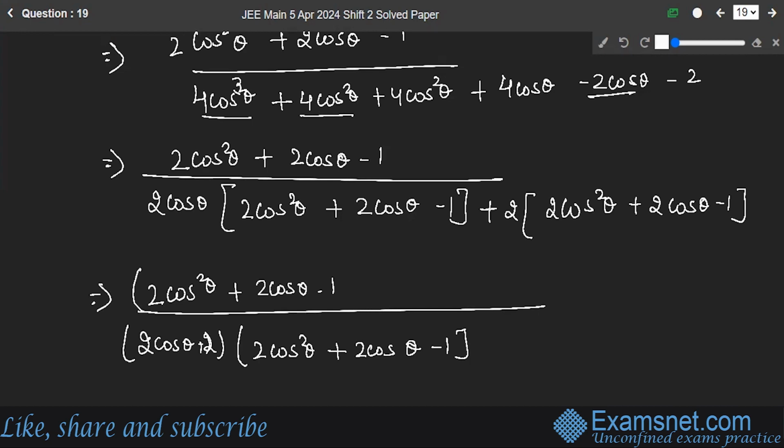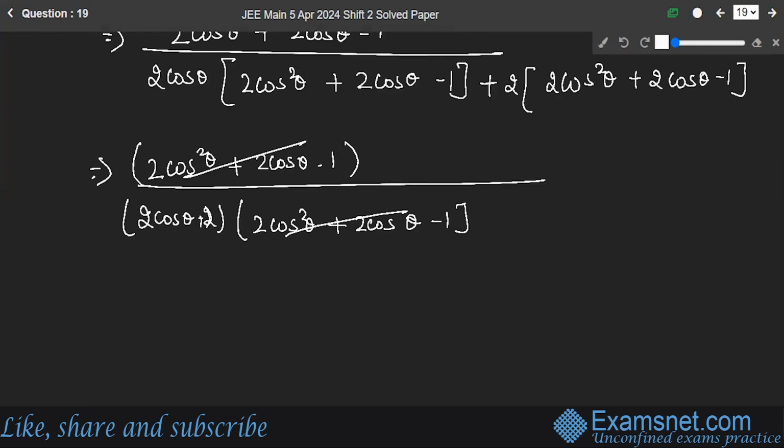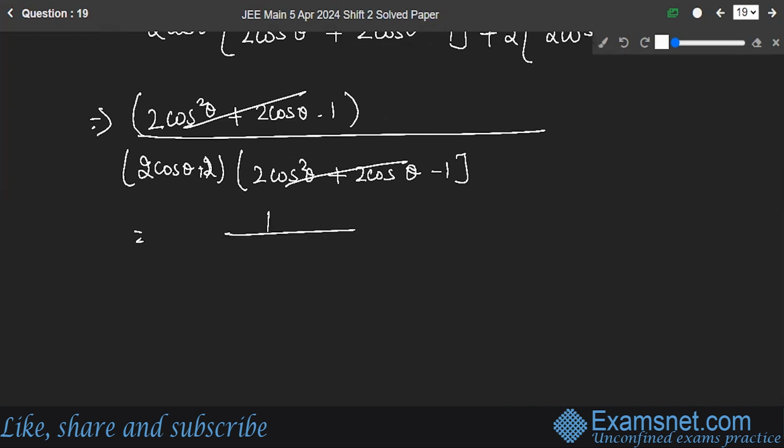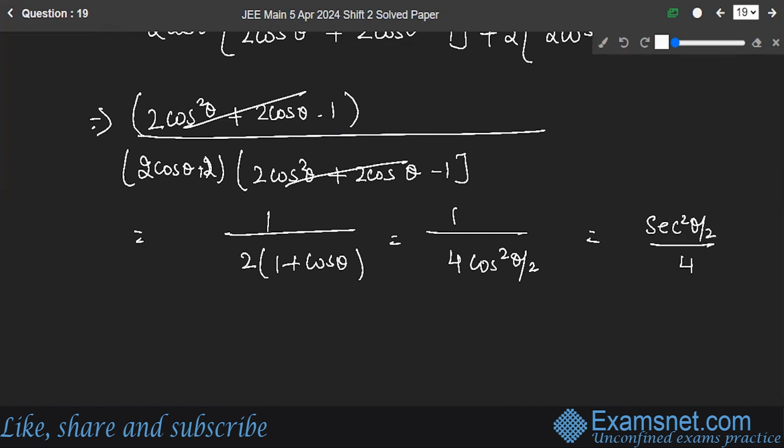What will happen? Cancellations from the numerator and denominator, and you will have 1 upon 2 outside, 1 plus cos theta. This is equal to 1 upon 4 cos square theta by 2, or this is equal to secant square theta by 2 upon 4. That is equal to your y of theta.